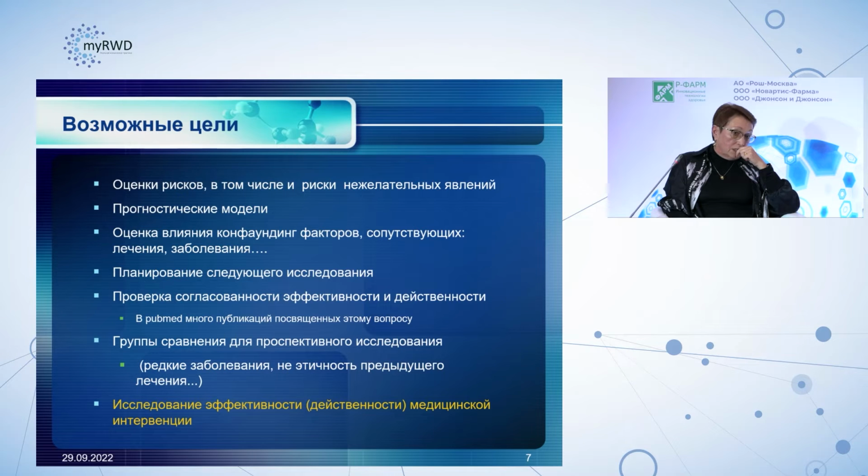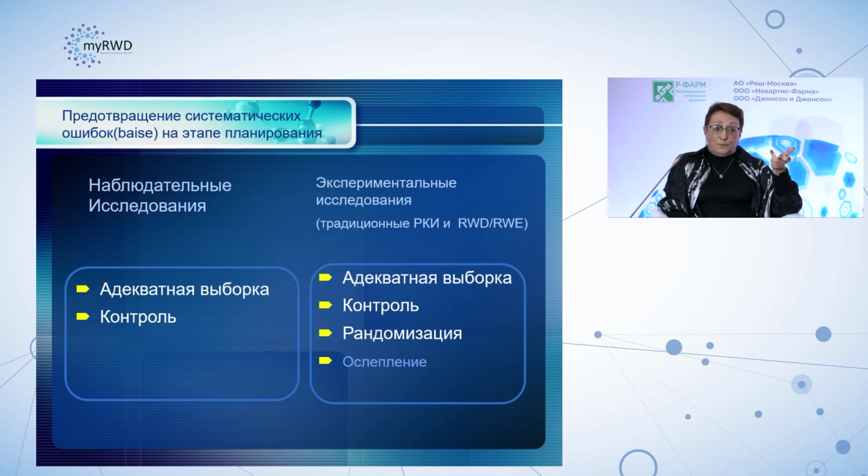But efficacy data of trials raise very many statistical issues in prospective trials. In experimental trials, we are to prevent systemic errors in sampling, control, randomization, blinding.